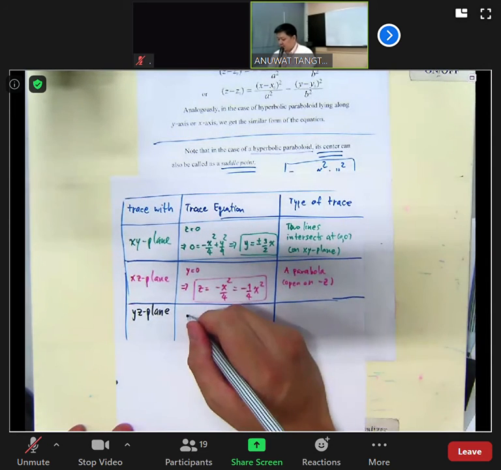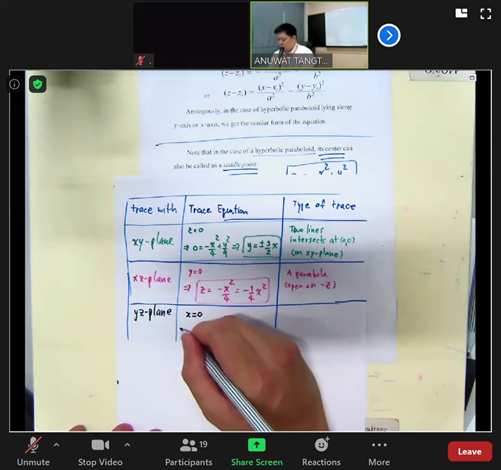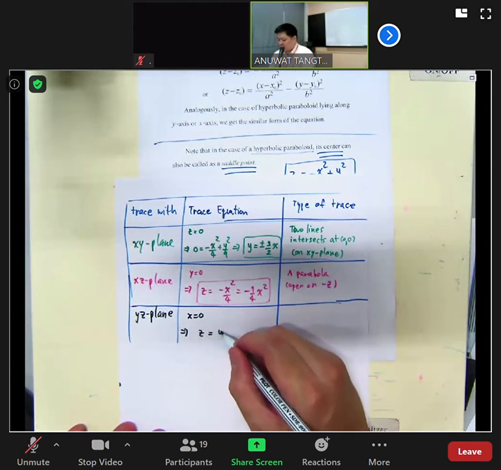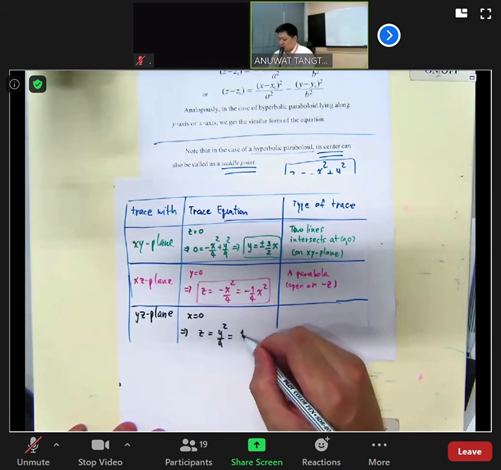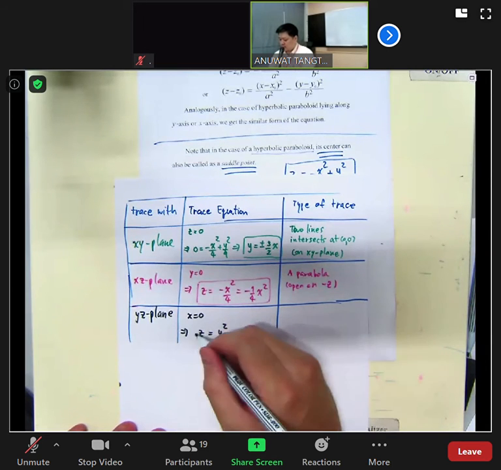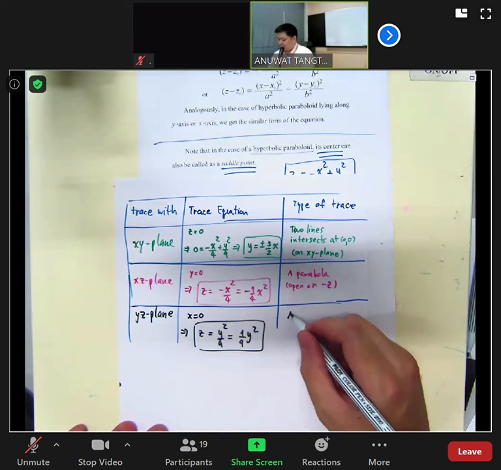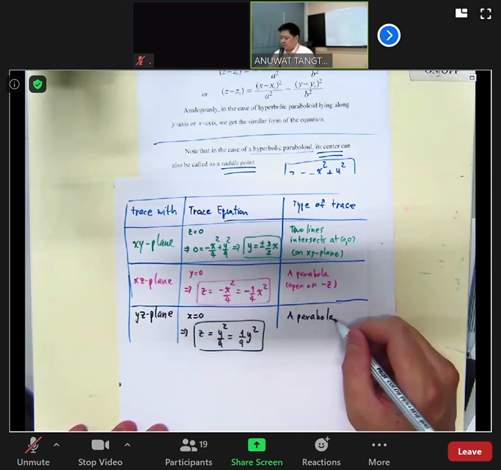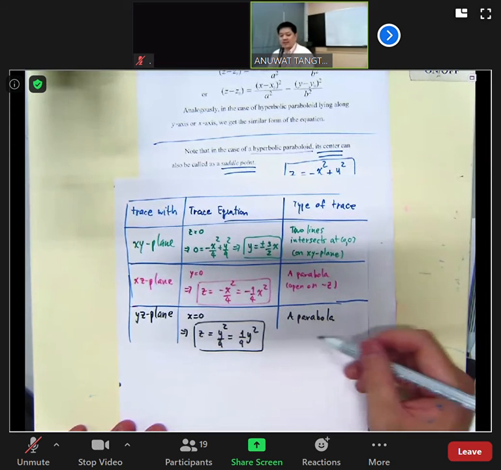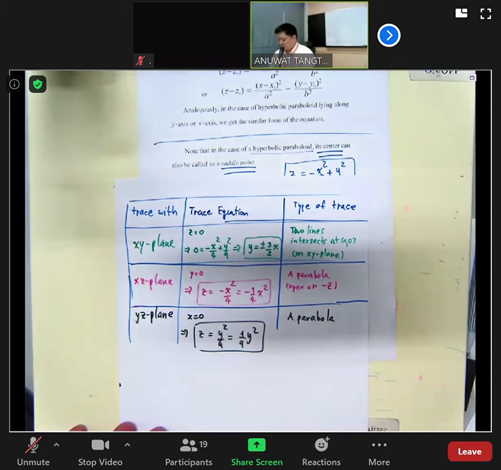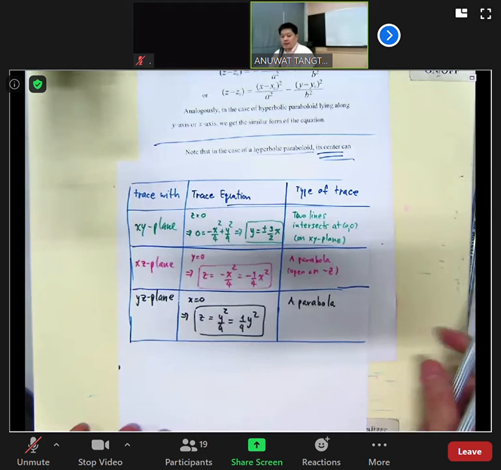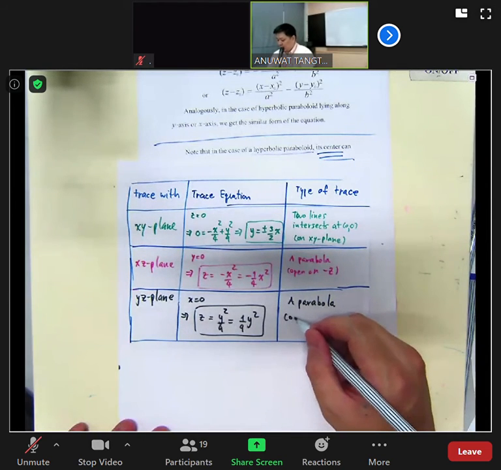And on the yz plane, let x be 0. When x equals 0, we would get z equal to y squared over 9. And that would be another parabola. You can see that the trace contains two parabolas, and that is why it has the name paraboloid. And you see later that, okay, this is a paraboloid open on positive z.